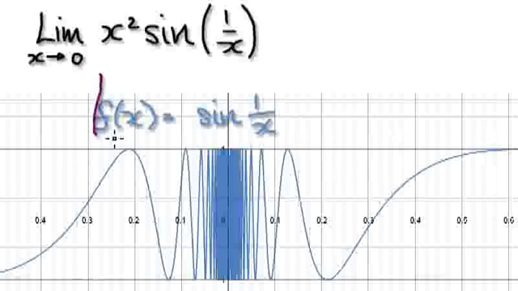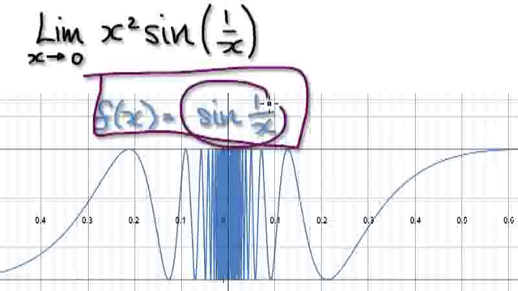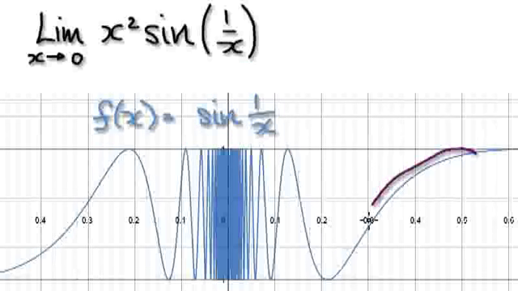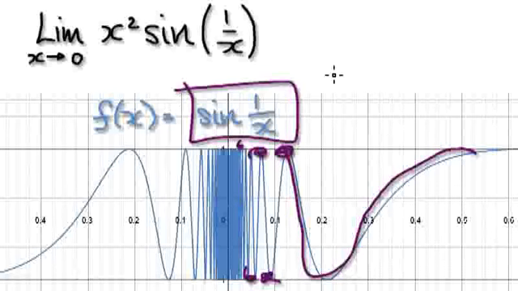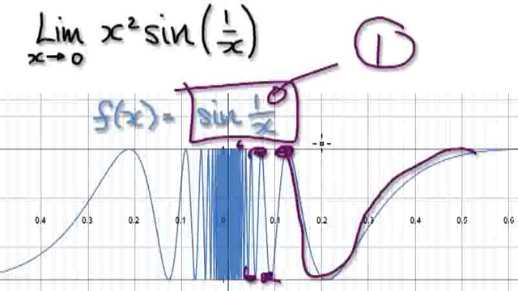So this is our graph of sine 1 over x. It always oscillates between positive 1, negative 1, positive 1, negative 1. This here is always trapped in between 1 and negative 1.